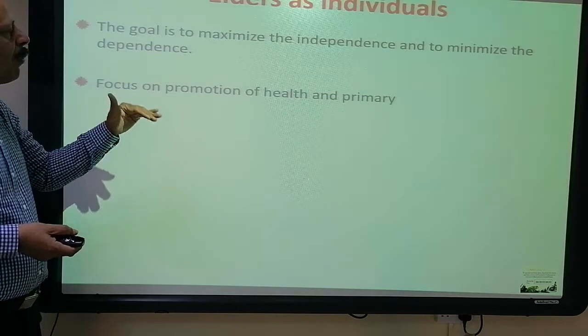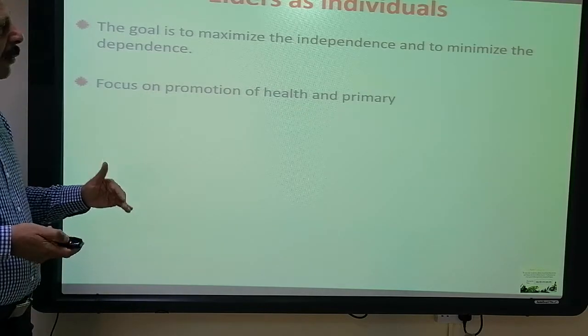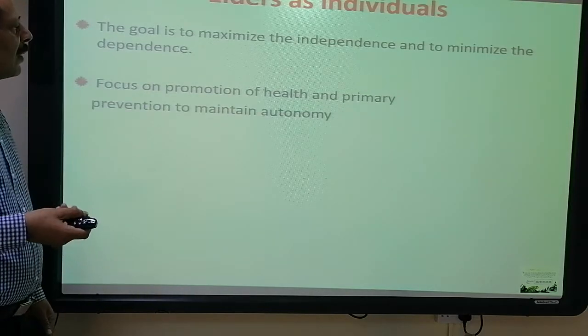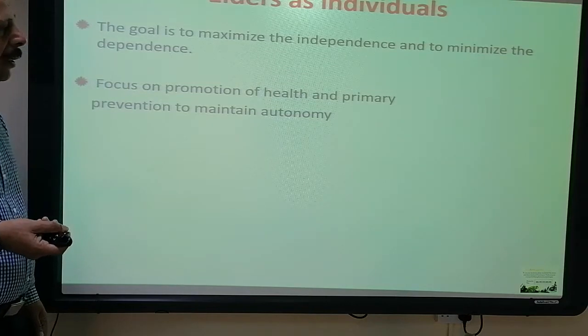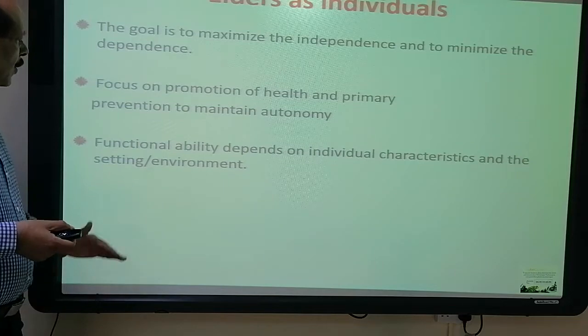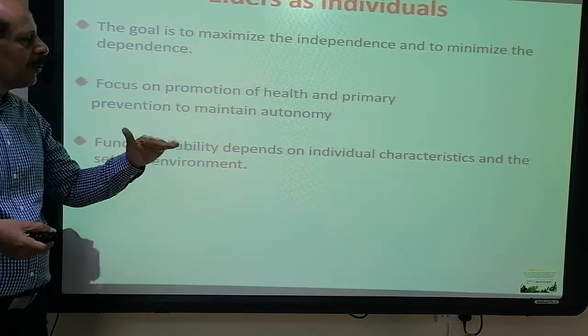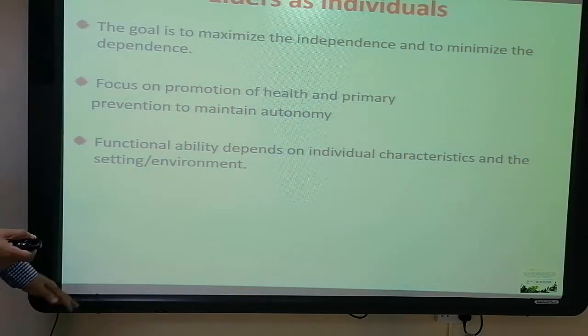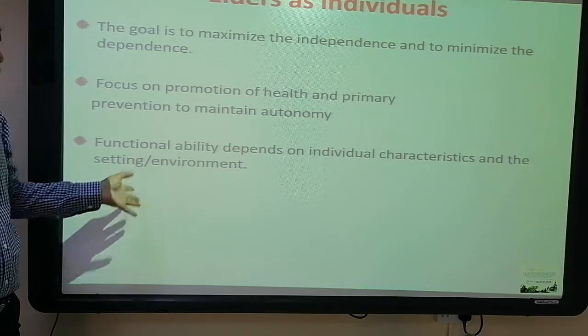Focus on promotion of health and primarily prevention to maintain autonomy of those persons. Also, functional ability depends on individual characteristics and setting, and the environment around him.